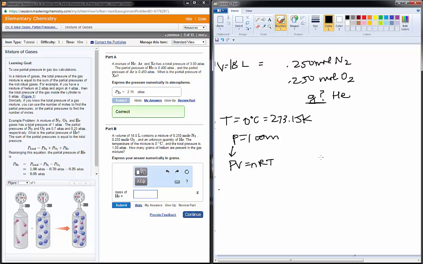I'm going to calculate number of moles. n is going to be equal to PV over RT, because I divide both sides by RT.